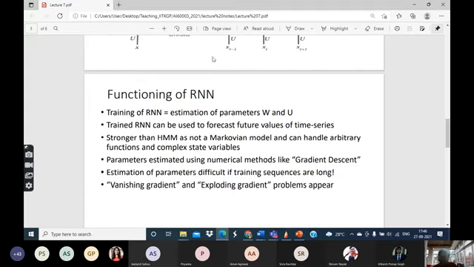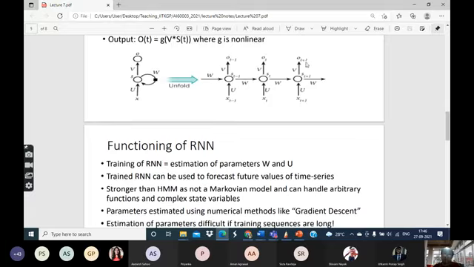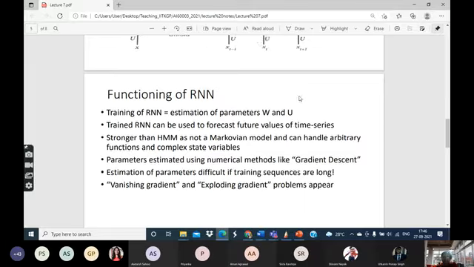Okay. So the X you have, maybe the O also you may have, depending on the situation. Your task is to estimate these unknown values. Just like we have the Baum-Welch algorithm for estimating the parameters of an HMM, similarly there are algorithms to estimate the various parameters of the RNN. That is called training of the RNN.